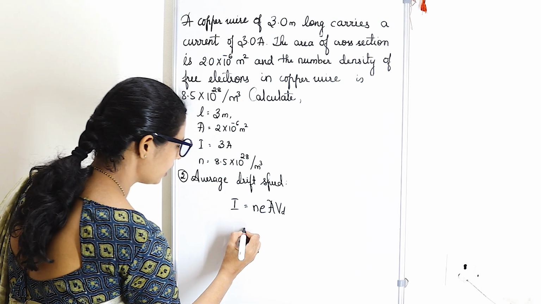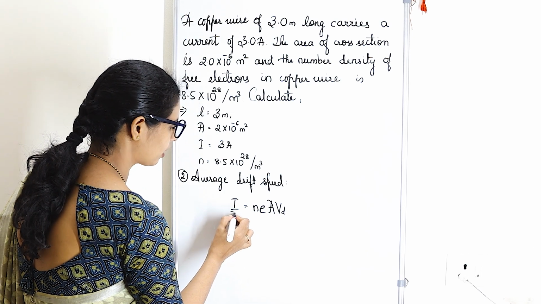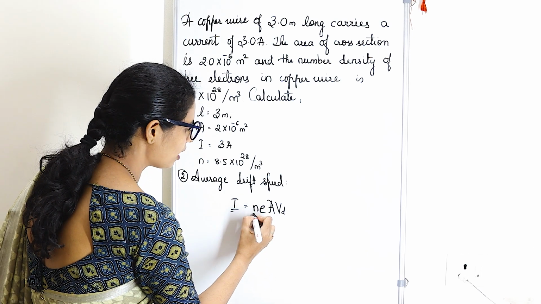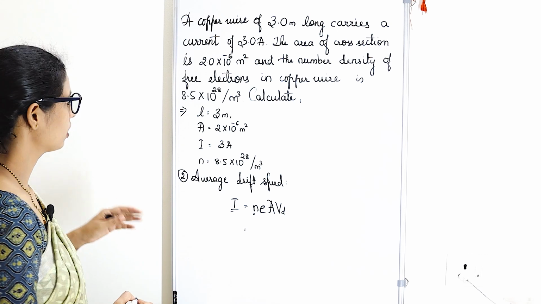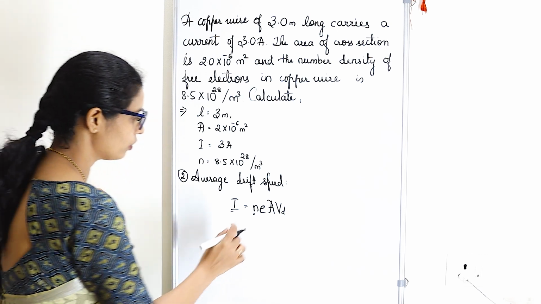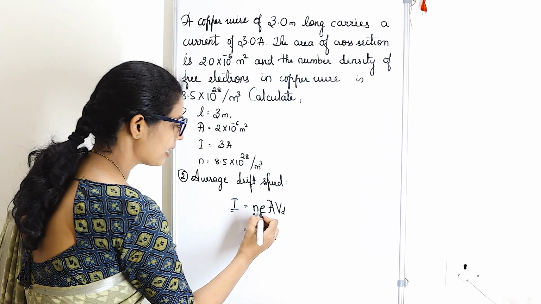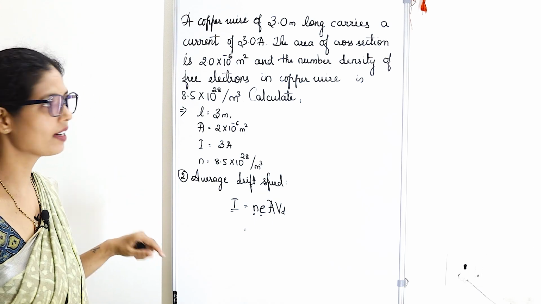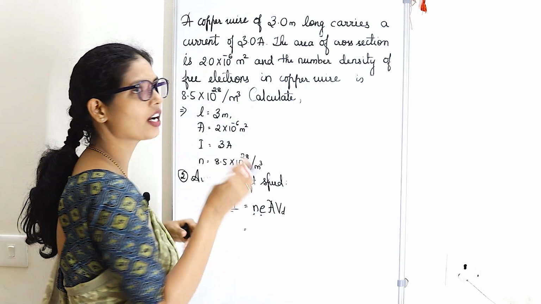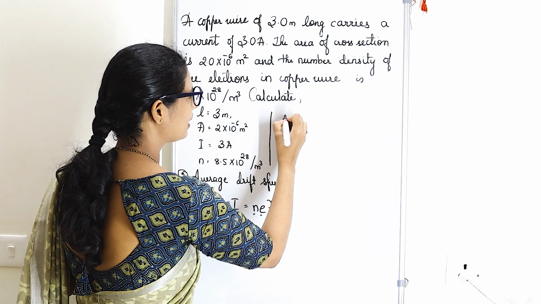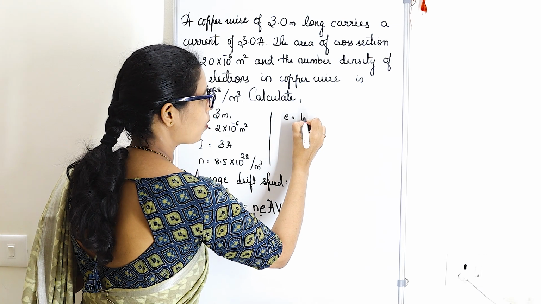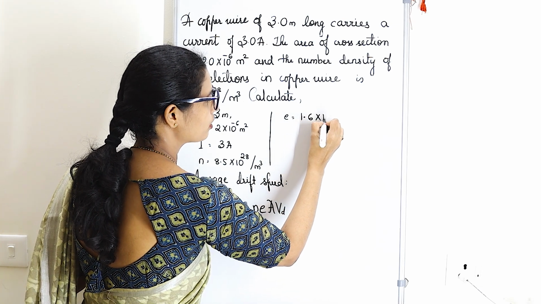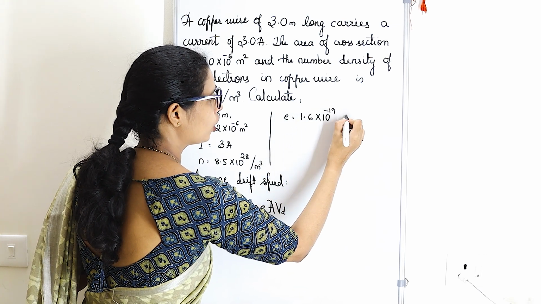Okay, so here you know the value for current, you know the value for number density. Then there is e, charge of an electron. Here they have given the charge of an electron. So the charge of an electron can be written as 1.6 into 10 to the power of minus 19 coulomb.